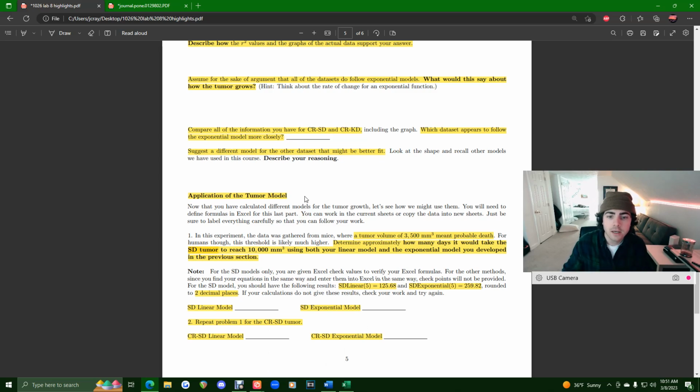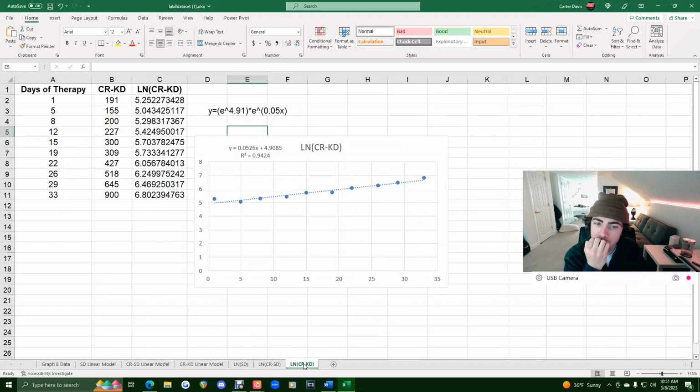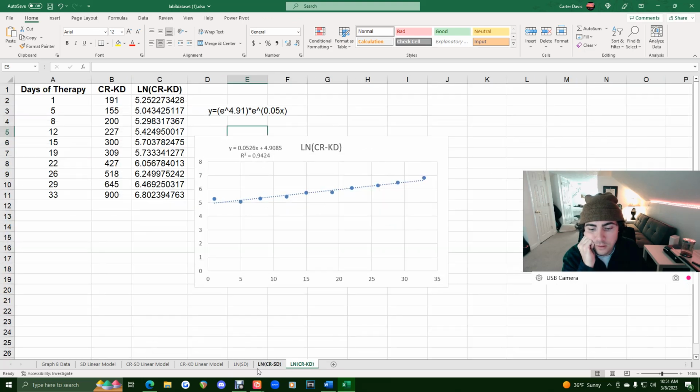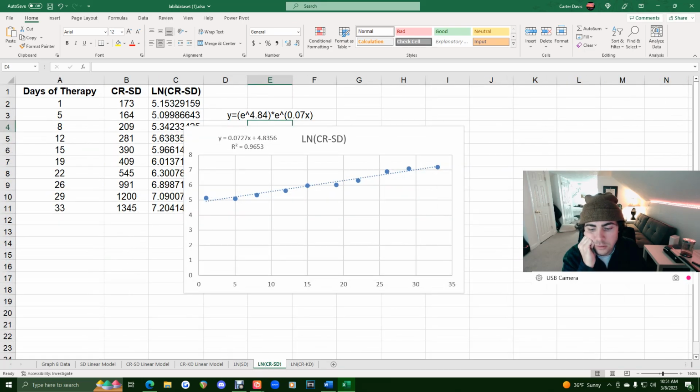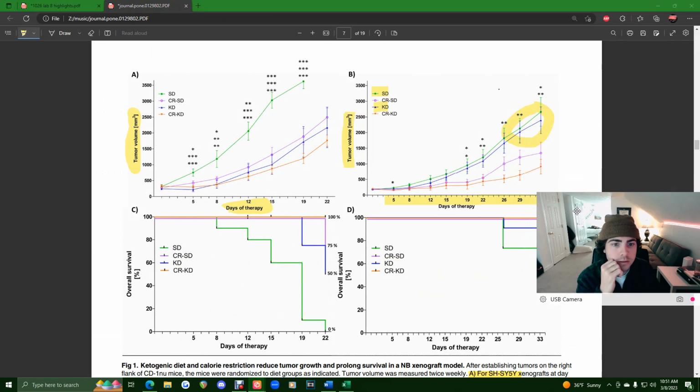Suggest a different model for the other data set that might be a better fit. Okay, well, linear is still pretty good for KD, but shoot, I don't know. I still think exponential is a good fit for it, but I'm curious if we went back to this stuff here.